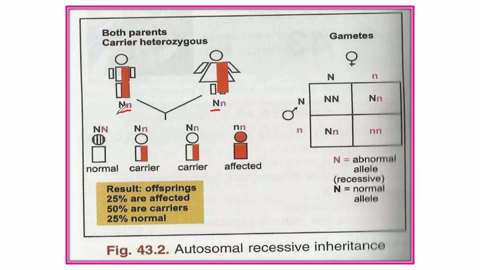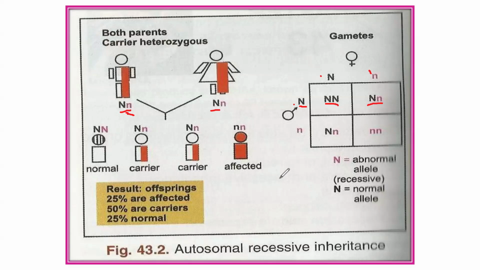Because capital N is dominant, when this N crosses with another N, we have capital N, capital N, which is normal. Then capital N crosses with the small n here, and that is why we have capital N, small n. And then small n here crosses with capital N, so we have capital N, small n. And then small n also crosses with small n, then we have small n, small n.